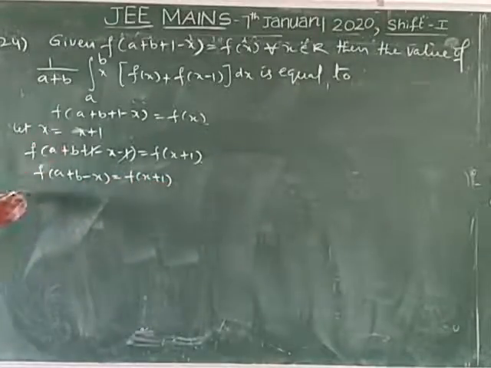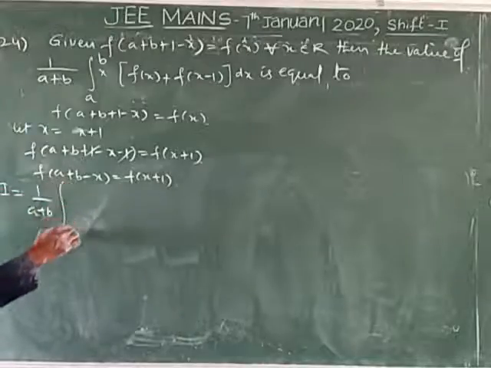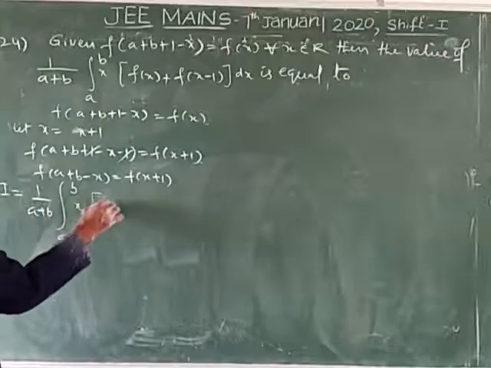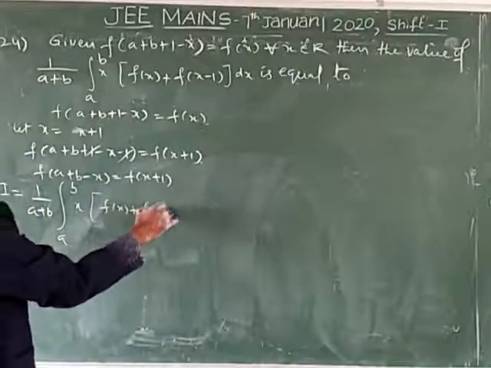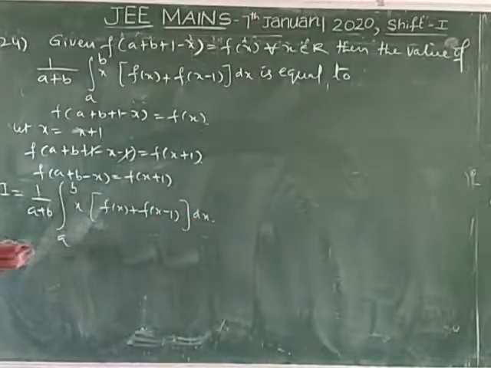Now take the given integration I is equal to 1 by a plus b integral of a to b, x into f of x plus f of x minus 1. Here you have to apply the first law.